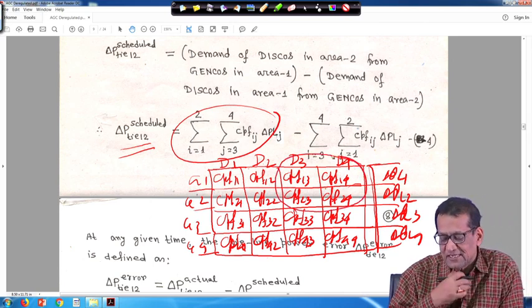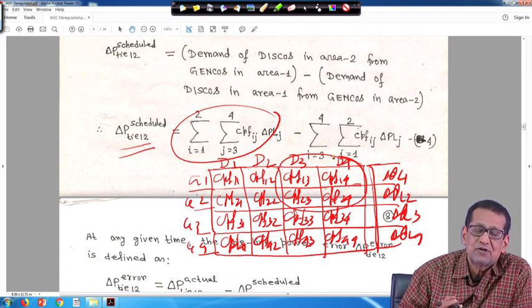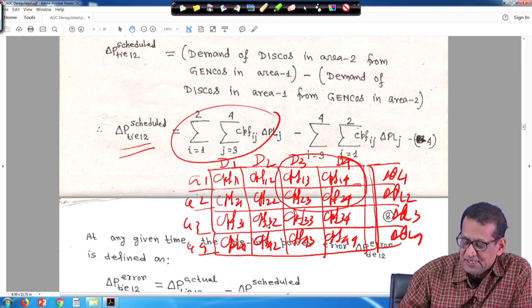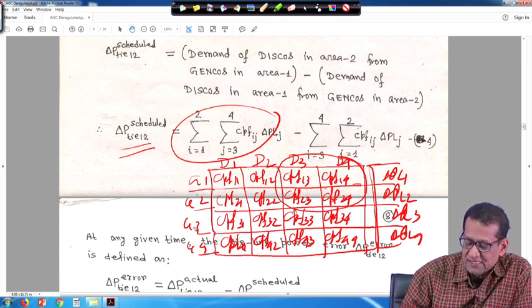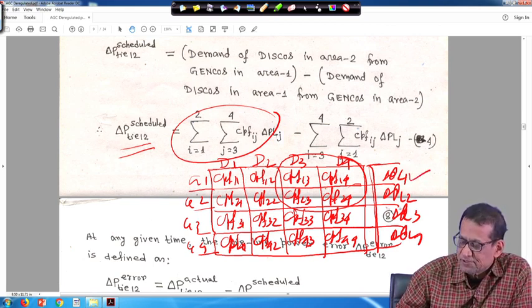Similarly, the distribution companies in area 1 draw power if they have contact with genco 3 and genco 4 in area 2. Take disco D1: suppose it has contact with genco 3, Cpf 31 with delta PL1, and disco 2 also has some contact with genco 3 in area 2, Cpf 32 into delta PL2.